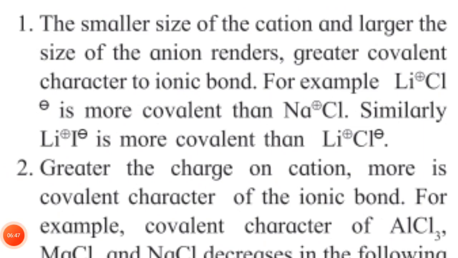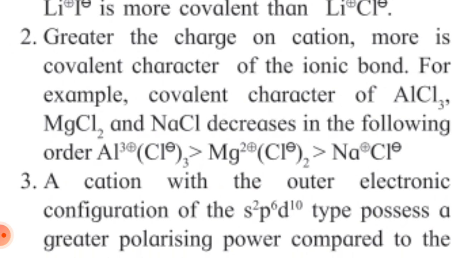The smaller size of cation and larger the size of anion renders greater covalent character to ionic bond. For example, Li+Cl- is more covalent than Na+Cl-. Similarly, Li+I- is more covalent than Li+Cl-.